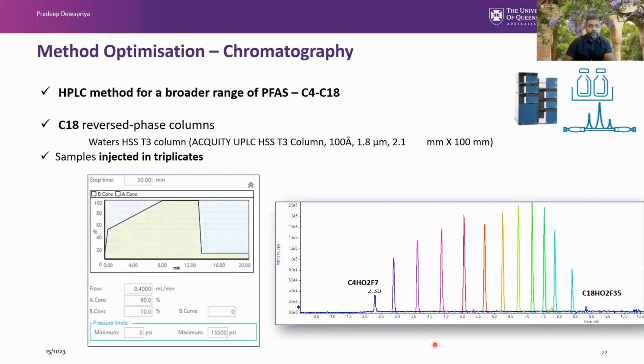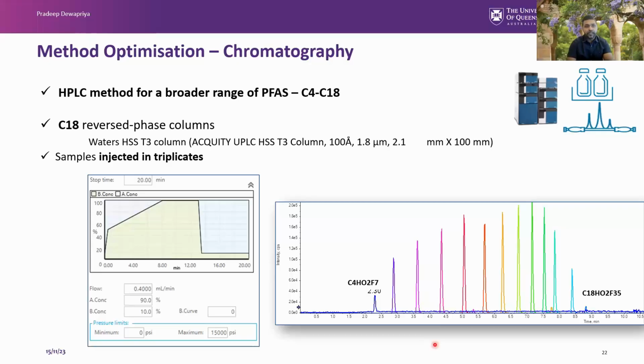And then we optimized the chromatographic method. For chromatographic optimization, we optimized the HPLC method to separate a broader range of PFAS. For that, we use a C18 reverse phase column from Waters.